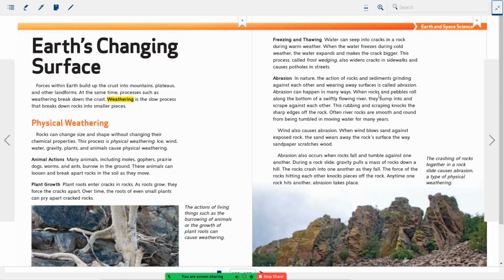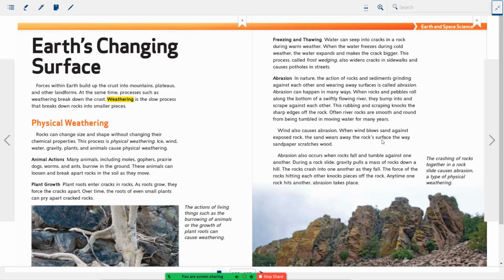Abrasion can happen in many ways. When rocks and pebbles roll along the bottom of a swiftly moving river, they bump into and scrape against each other. The rubbing and scraping knocks the sharp edges off of the rock. Often river rocks are smooth and round from being tumbled in moving water for many years.